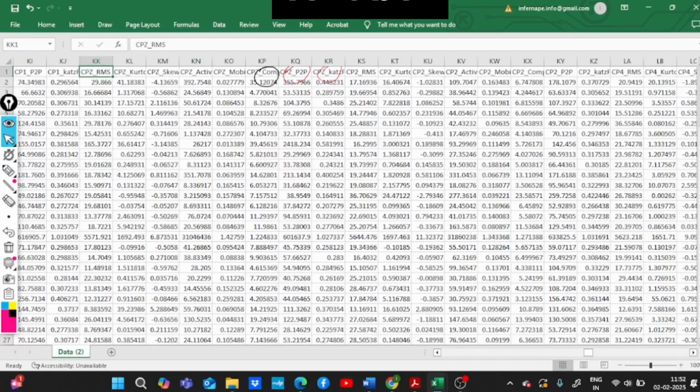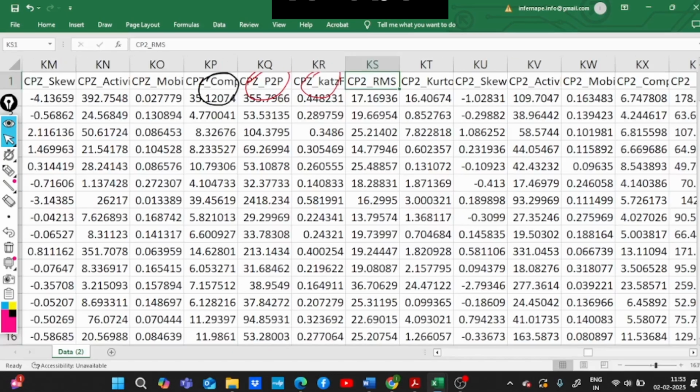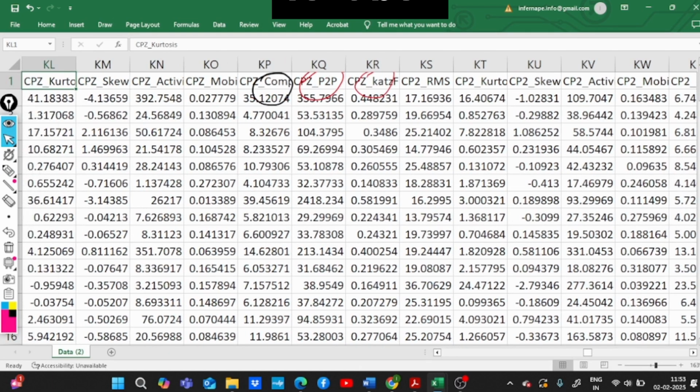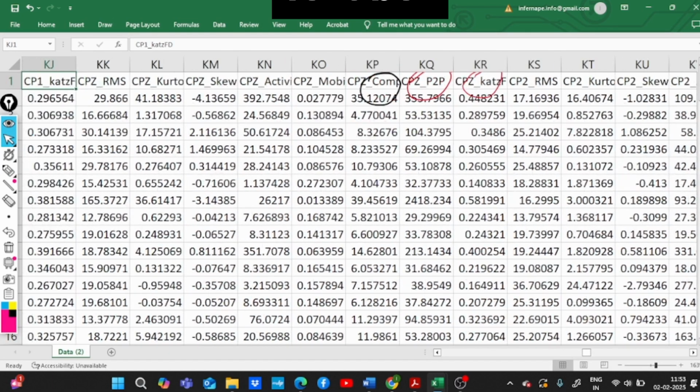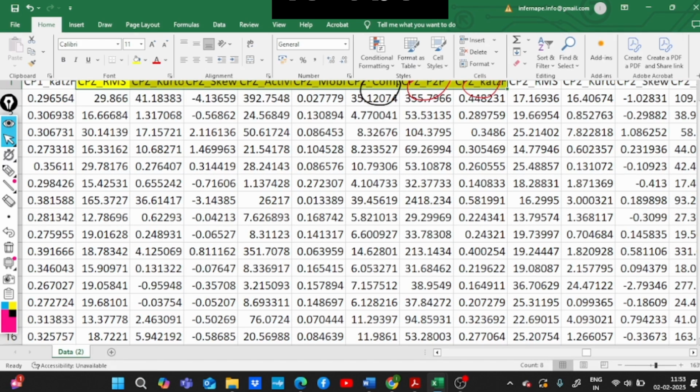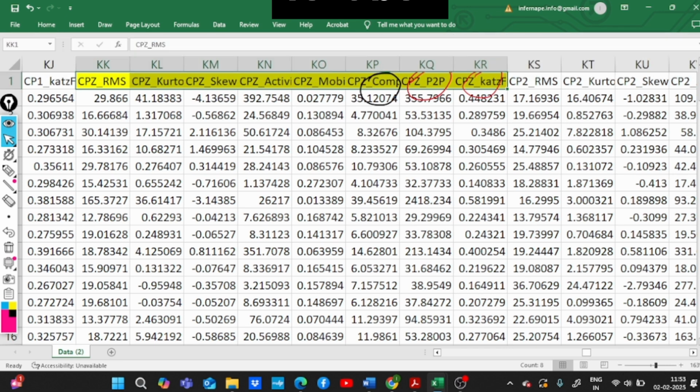So this is CPZ RMS, then CPZ CADS FD. Let me zoom in. Here it is CPZ mobility, CPZ activity, CPZ skewness, and CPZ kurtosis, CPZ RMS, like that. So it is starting from here. These many features were generated by him for one particular electrode. For one electrode, 7 features.